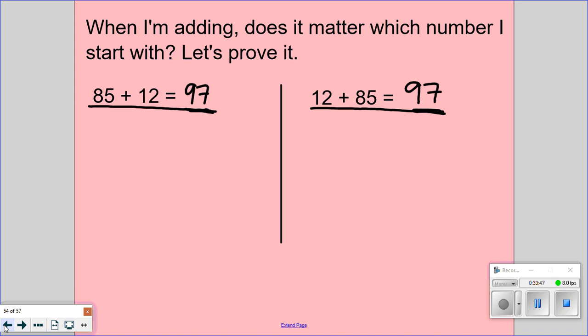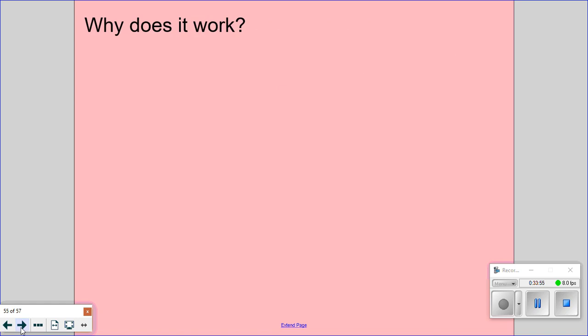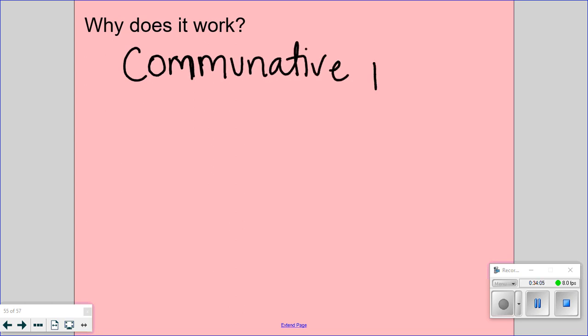We're just going in a slightly different order. Yeah. Mathematicians studied this problem, and they actually have a name for it. This is called the commutative property.